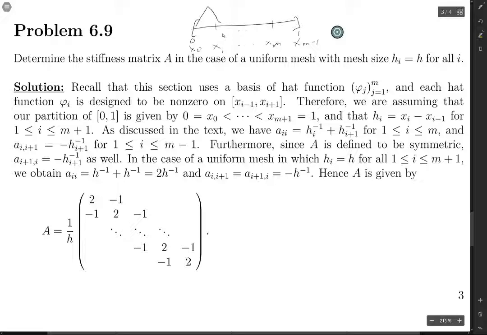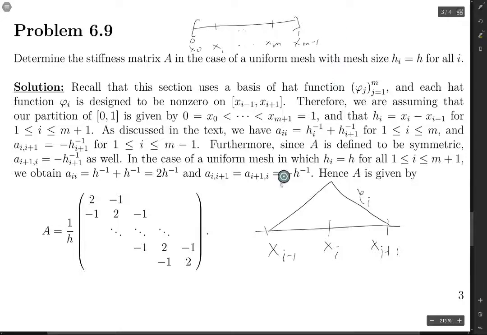For example, here, I'll draw it somewhere else. You've got x_{i-1}, xi, and x_{i+1} as your points. Then the hat function will look like this. This will be phi i.